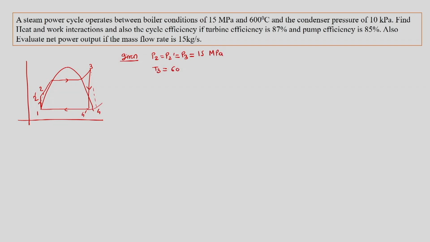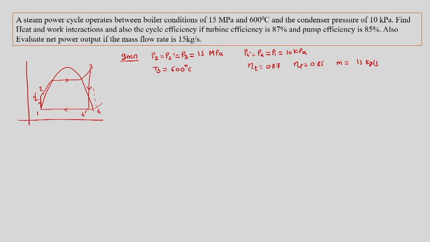T3 is equal to 600 degrees Celsius. P4 dash, P4 equal to P1 is equal to 10 kPa. Turbine efficiency is 87% and pump efficiency is 85%. M dot is 15 kg per second.